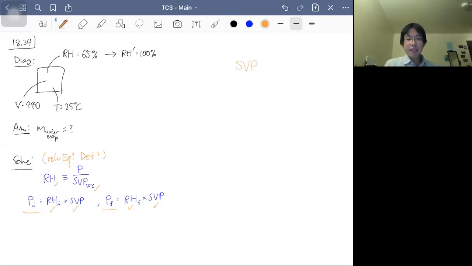Roughly, it means the pressure of the room when it is fully saturated, when it's 100% saturated at a given temperature.